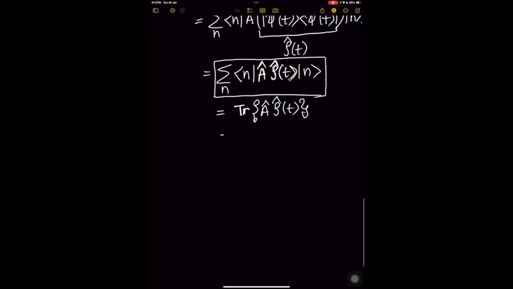This is also equivalent to the trace of A hat of t times rho. So in case 1, your quantum system evolves in time and your observable is static. And in case 2, your observable evolves in time but your quantum system is static.